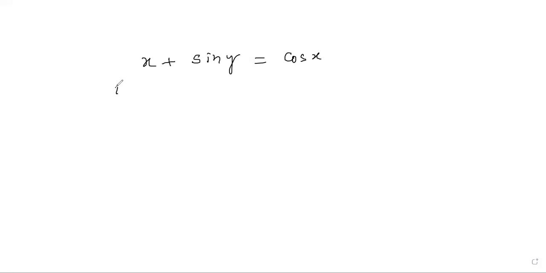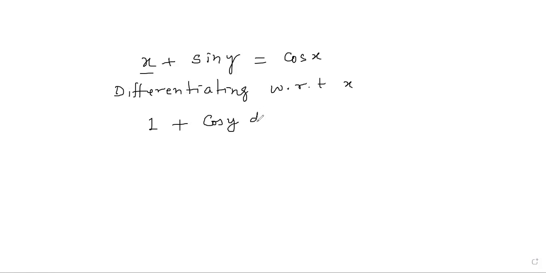So here I'm writing differentiating with respect to x. So this will become 1. This will become cos y dy by dx. This will become minus sin x.